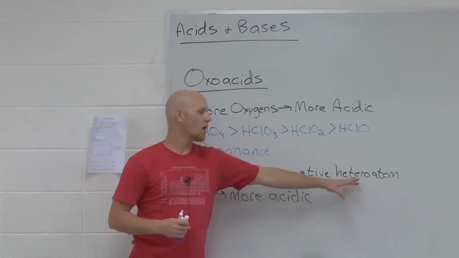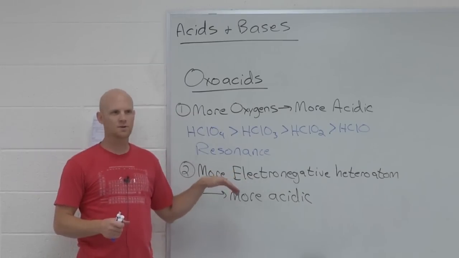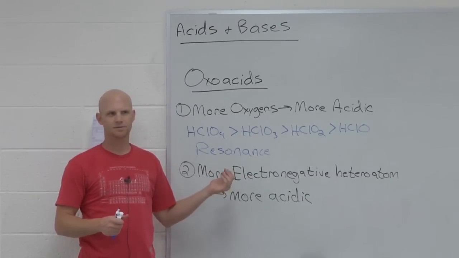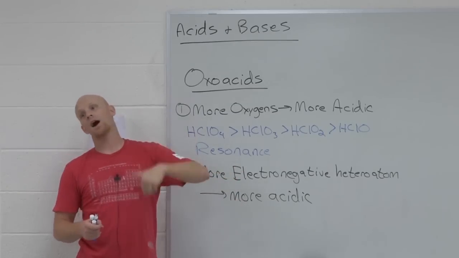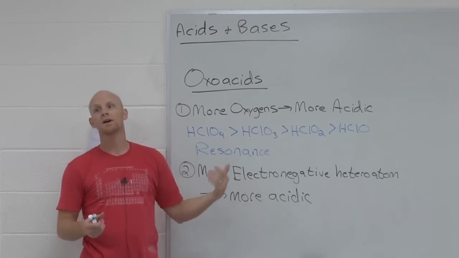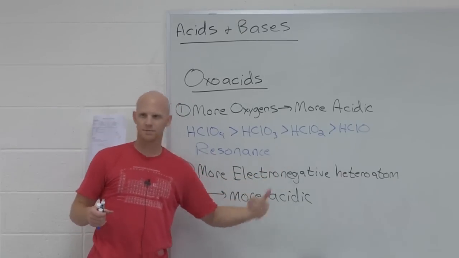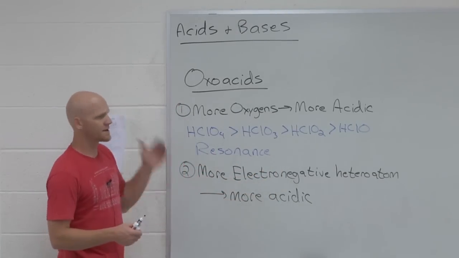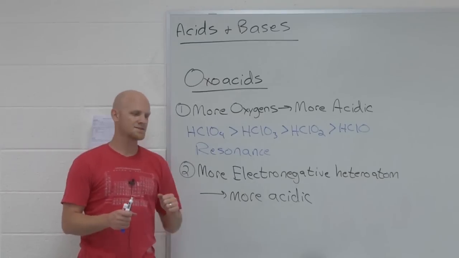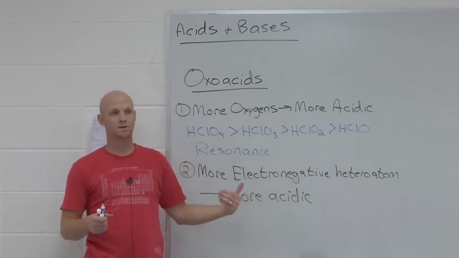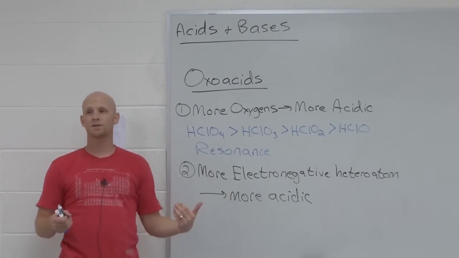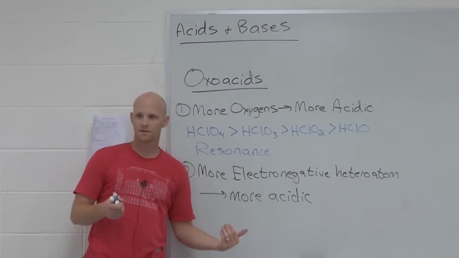Different. So all oxy acids, because they're acids, they have to have what element? Hydrogen in this case. But because they're oxy acids, they've got to have oxygen as well. The hetero atom is just the other element besides hydrogen and oxygen. So in H2SO4, the hetero atom would be sulfur. In HClO4, the hetero atom would be chlorine, and so on and so forth.